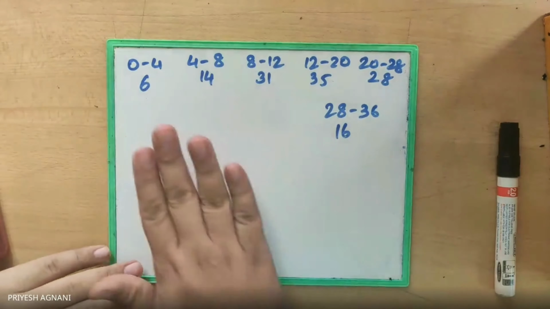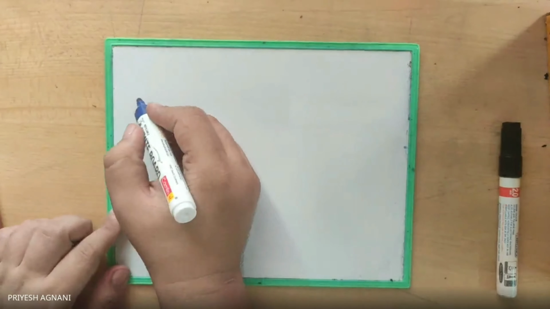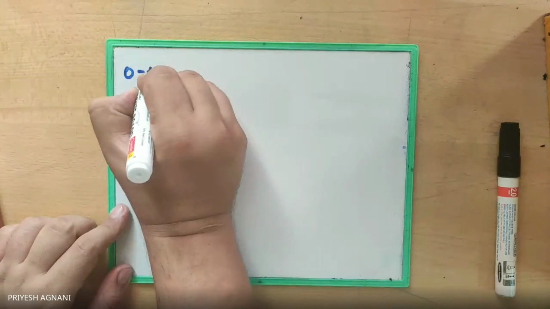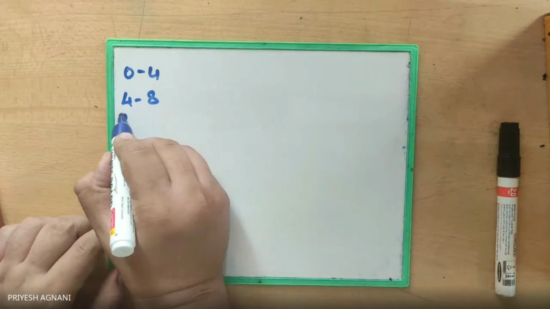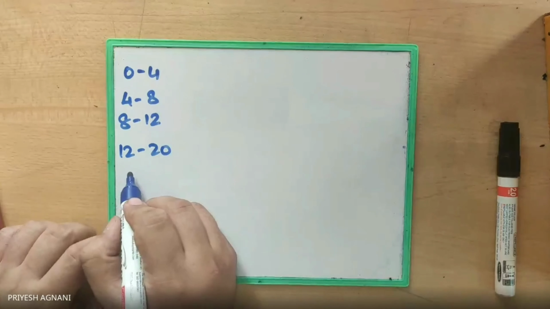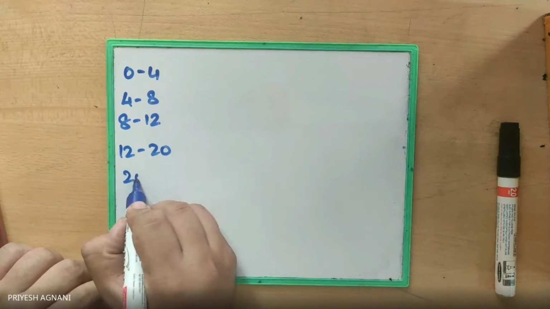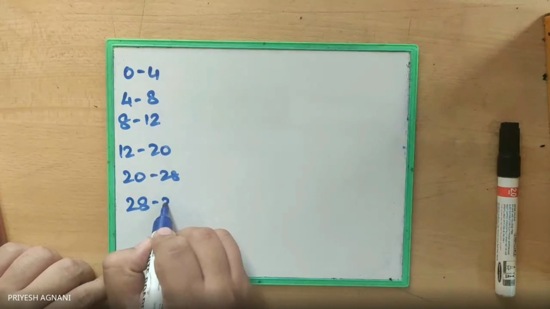We have one example over here. We will represent this whole example in a tabular form. So it is 0 to 4, 4 to 8, 8 to 12, 12 to 20, 20 to 28, and 28 to 36.